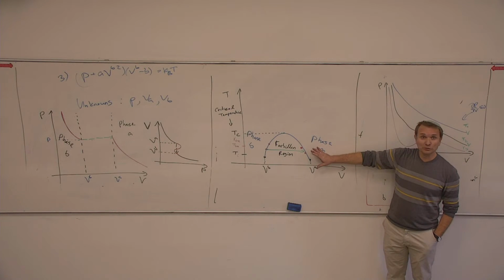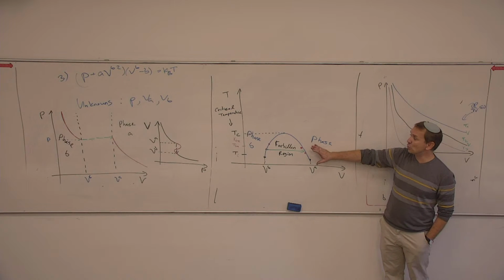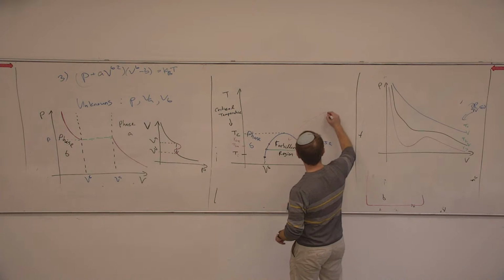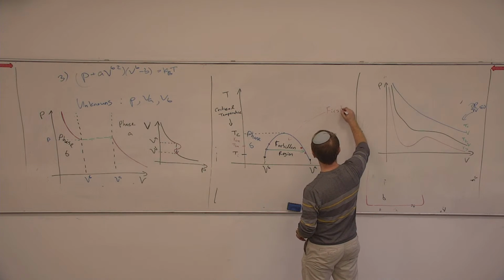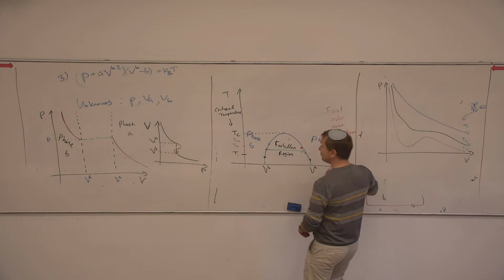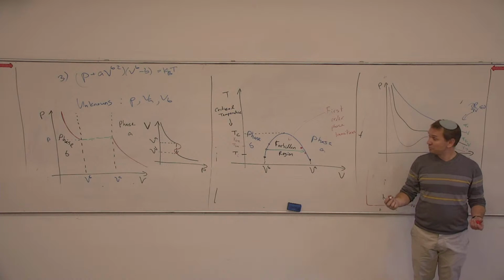So the usual phase transitions are termed first order phase transitions. There is some specific jump in the volume, okay?